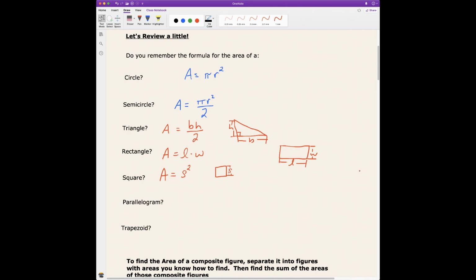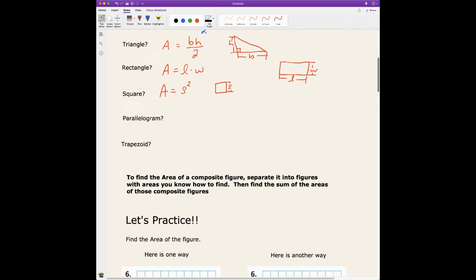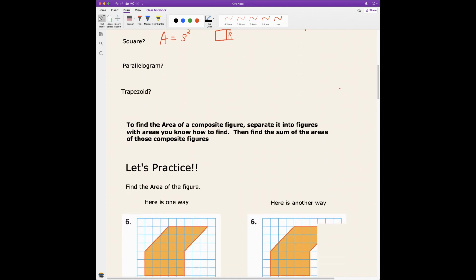What about a parallelogram? What is the area of a parallelogram? Do you remember? So the area of a parallelogram is, I take the base of the parallelogram and I multiply it by the height of the parallelogram. Let's see if I can draw a parallelogram.